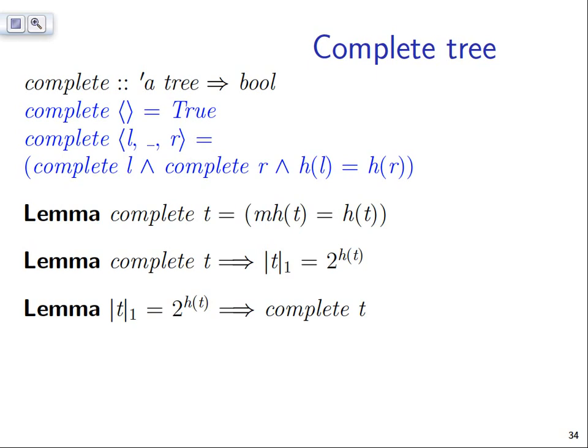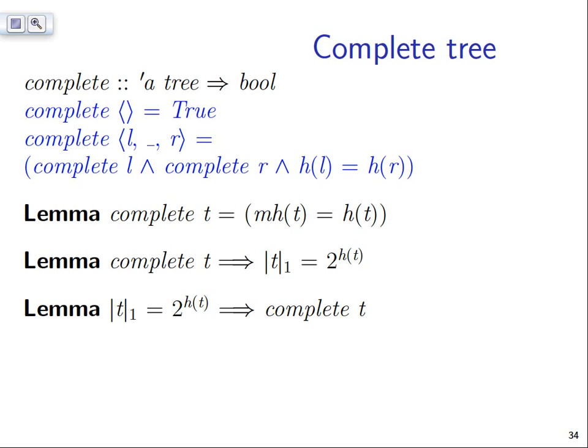The other direction is also true: if the number of leaves is 2 to the power of the height, then the tree is complete. So it's really an equivalence: completeness of the tree if and only if the number of leaves is 2 to the height of the tree. I don't think I will look at this direction in more detail. I want to get on to more interesting things.